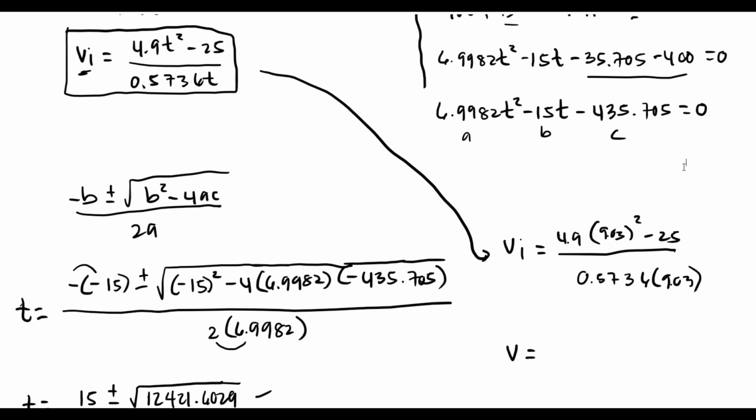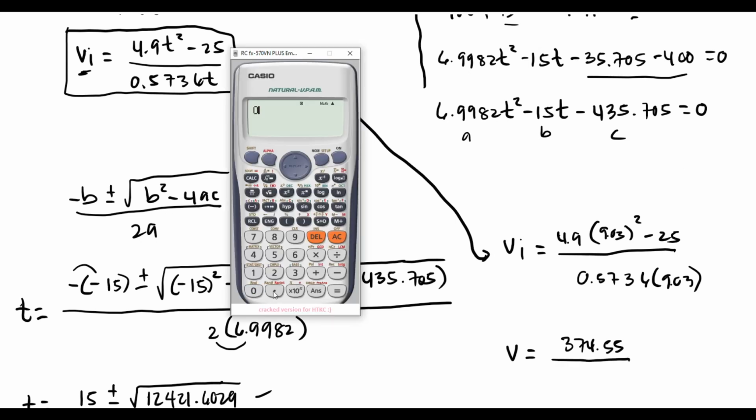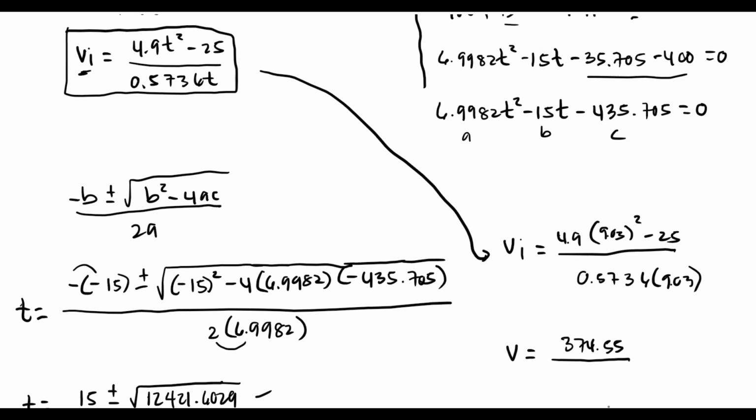So this one is 374.55, over 0.5736 times 9.03. So that's 5.18.